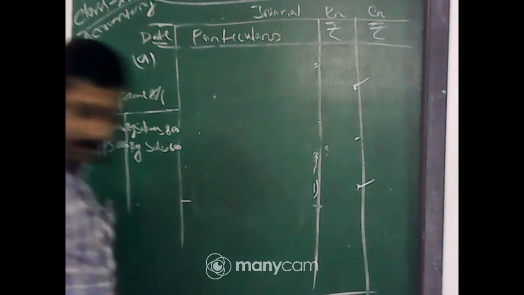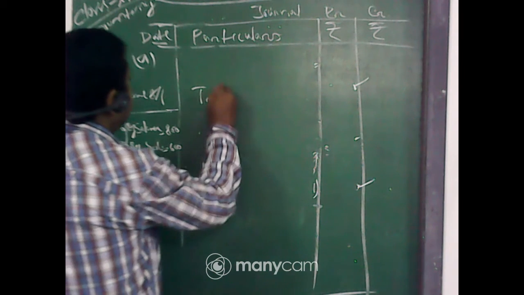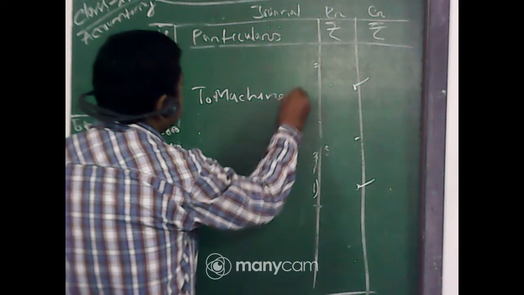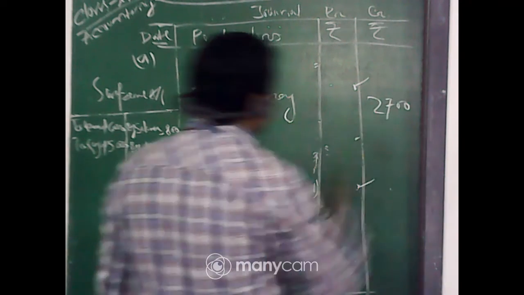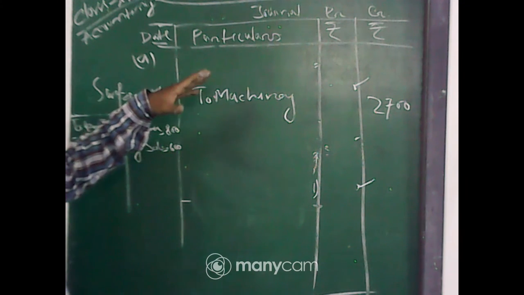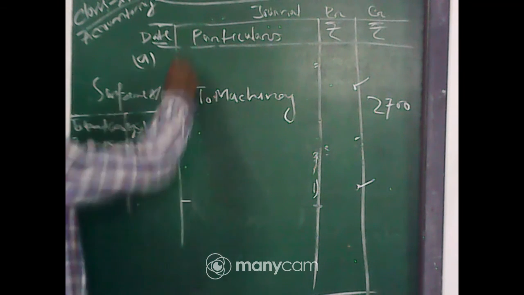Now see, machinery should be credited, and the amount is 2700. Now what would be debited? As the depreciation is rightly posted in the journal, there is no debit account, so you have to use the suspense account.